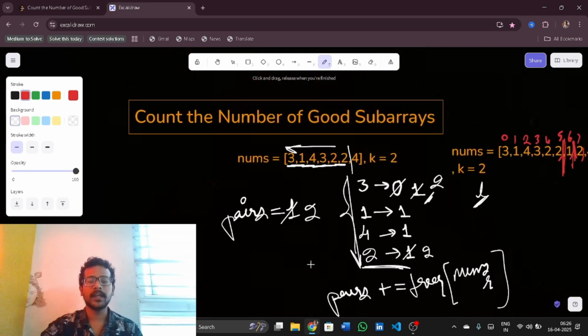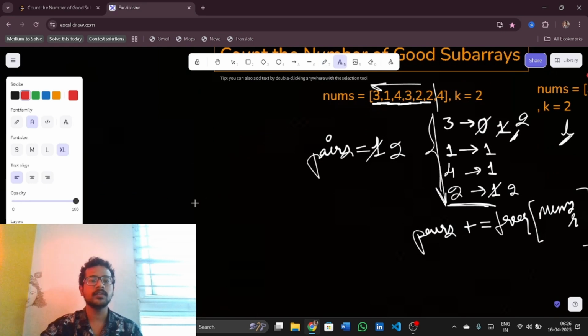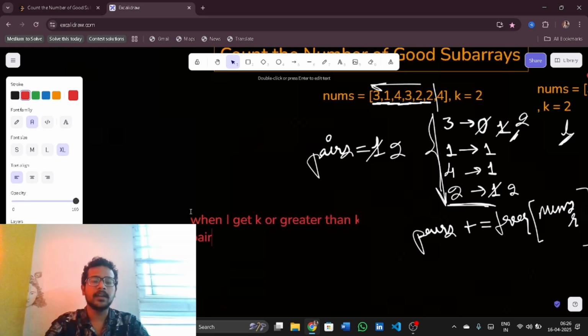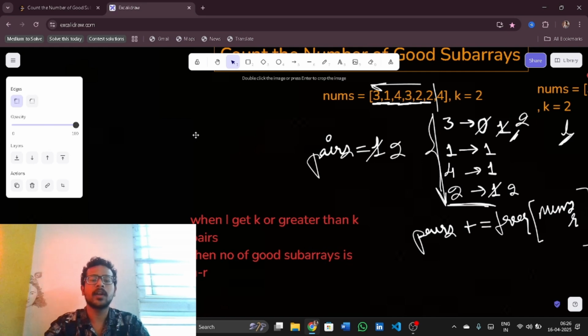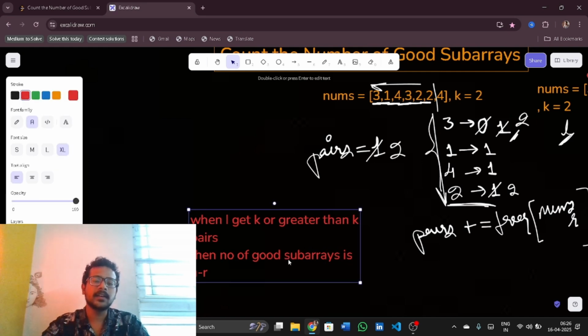So writing this intuition here: when I get k or greater than k pairs, then the number of good subarrays is n minus r.